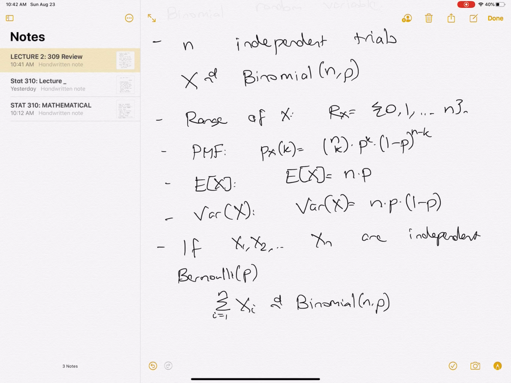So if you have n independent Bernoulli random variables and you sum them up, you get a binomial random variable, and that makes this calculation of both expectation and variance pretty simple and explicit.